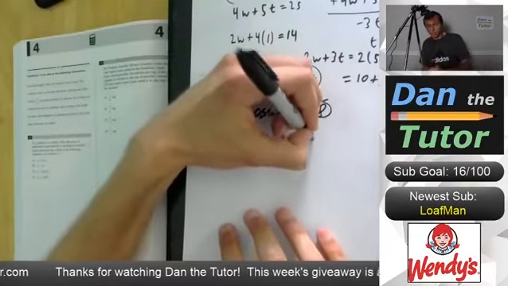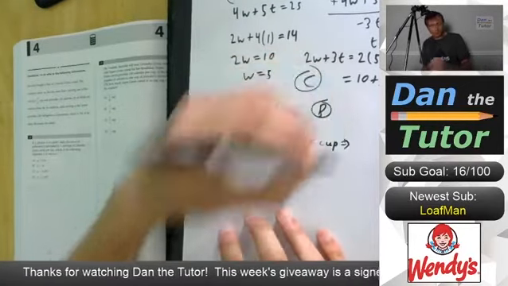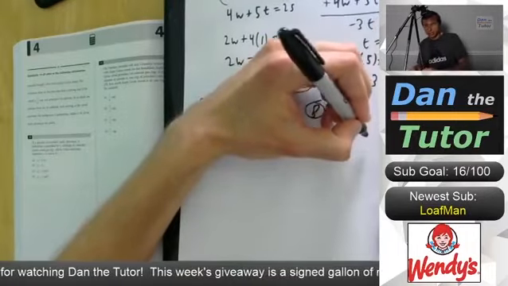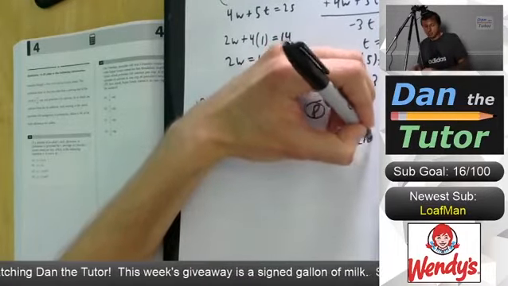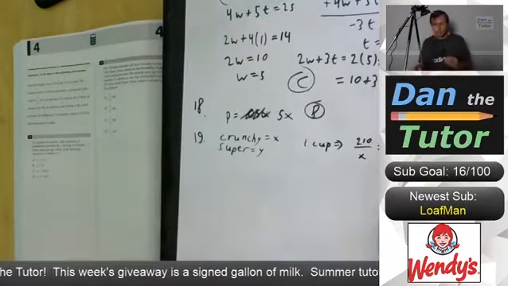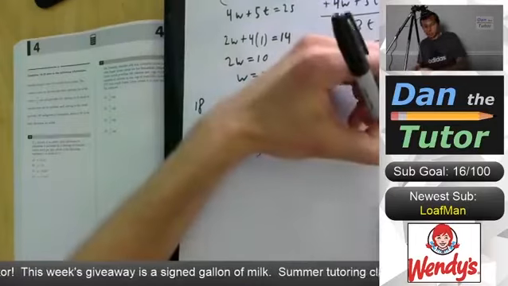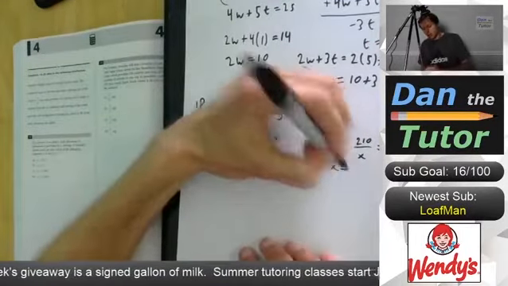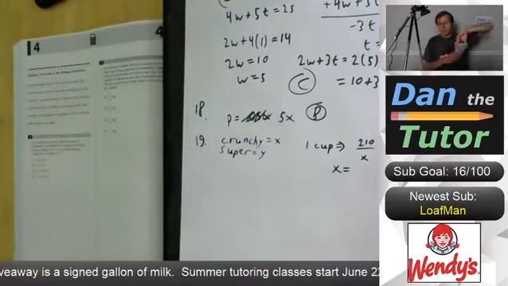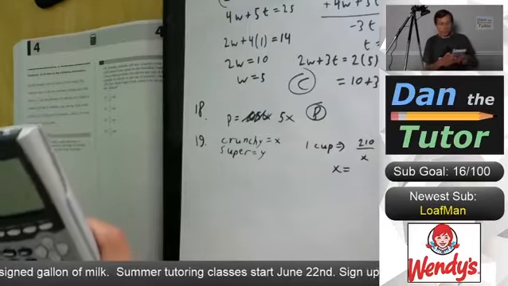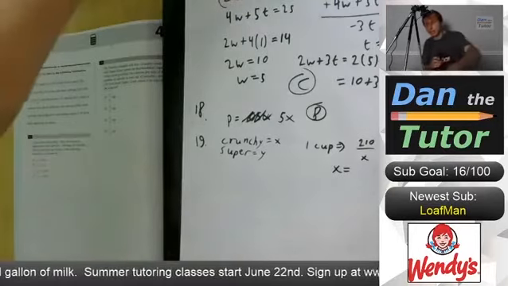So that means that in 1 cup, 210 over x is equal to 3/4. And so if x is the number of calories in crunchy, it's going to be 210 times 4 divided by 3, cross multiply, and then divide: 280.